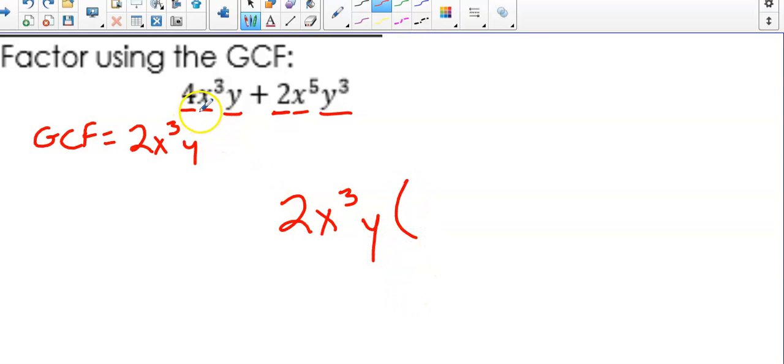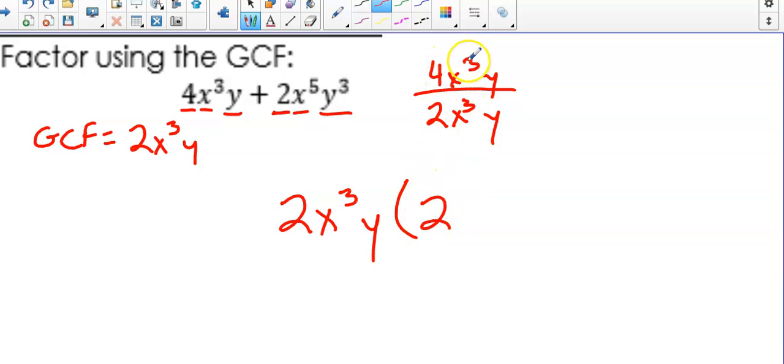Now, I can think about dividing both of these by 2x to the 3rd y. So 4x to the 3rd y divided by 2x to the 3rd y. 4 divided by 2 gives me 2. X to the 3rd divided by x to the 3rd cancels. Y divided by y cancels, so it's just 2.